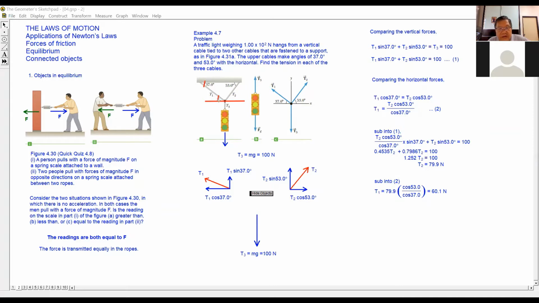In mathematics, we call them alternate angles. Alternate angles means the two angles that are the same. This angle here and this angle here. Can you see the Z here? Like that. Then there's a Z. So these two angles, they are alternate angles. So this angle here is also 37.